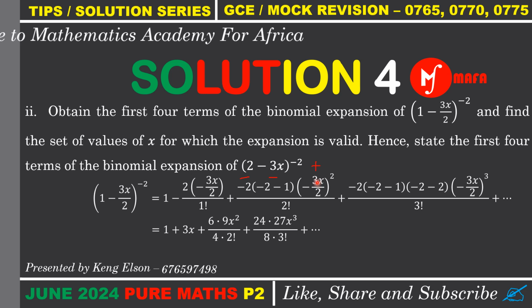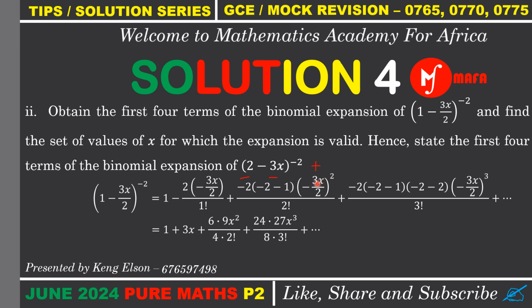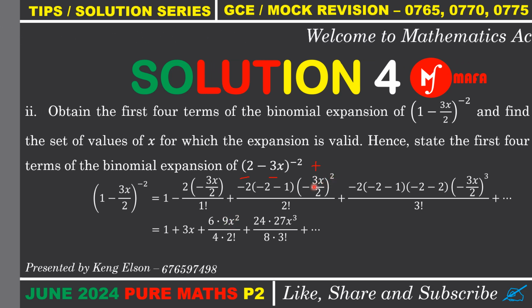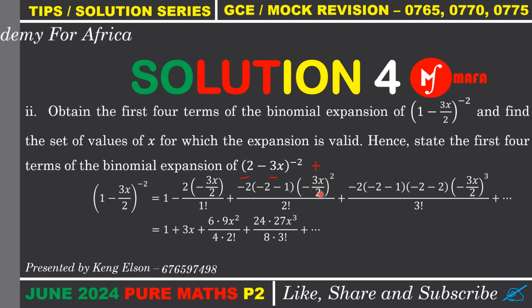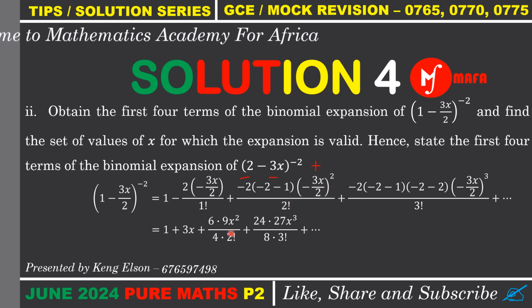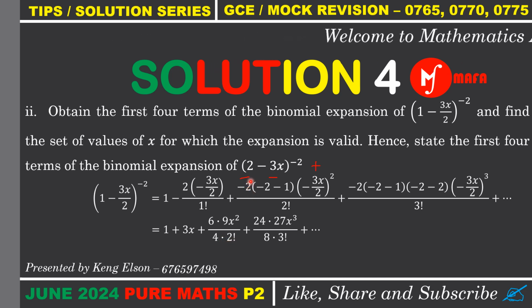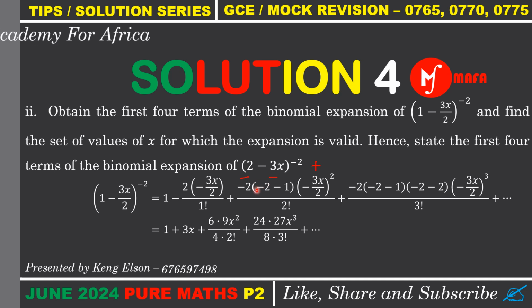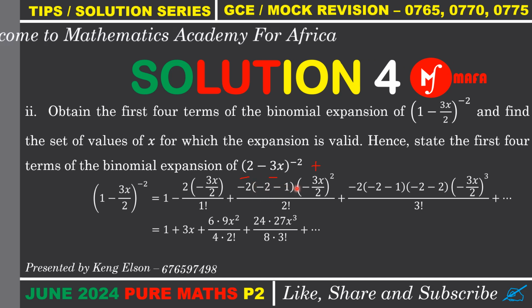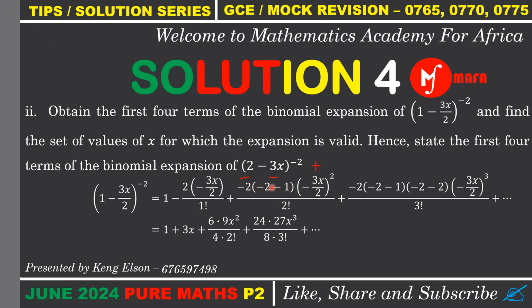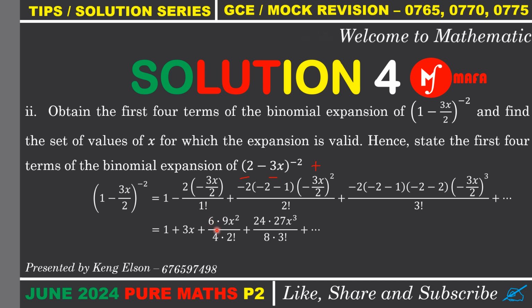When I square 3x, I have 9x squared. When I square 2, I get 4, but since it's in the denominator, it can move down to meet 2 factorial. That's why you see me writing 4 times 2 factorial. Now I have 2 times negative 2 times negative 3, because negative 2 minus 1 is negative 3. Negative 2 times negative 3 is positive 6.